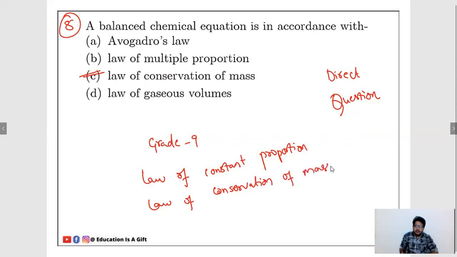Law of constant proportion is used to write chemical formulas of molecules. So if you want to write chemical formulas, if you remember crisscross method, where we will use this. And law of conservation of mass is used to write chemical equations. So answer is that.